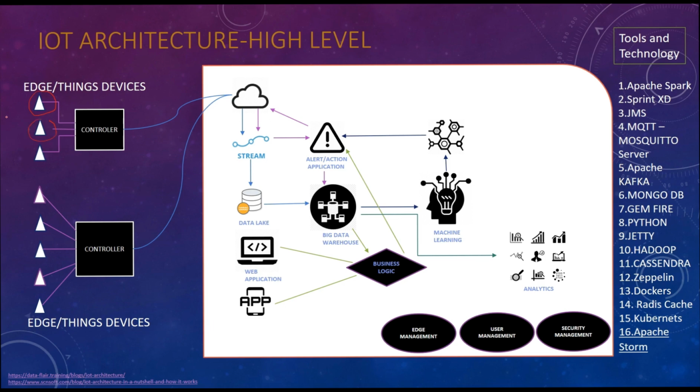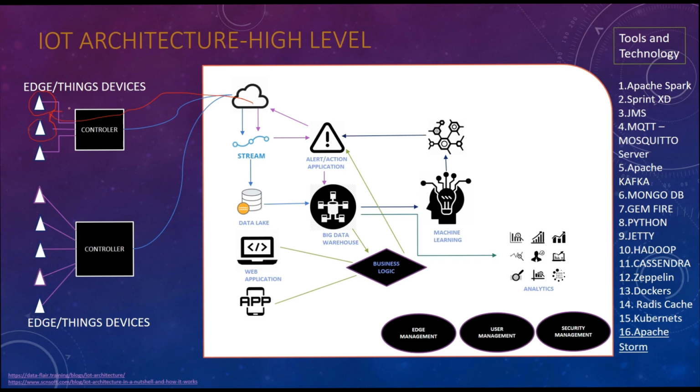The things are equipped with sensors to gather data and actuators to perform commands received from the cloud. The actuator performs the commands received from the cloud through the controllers.